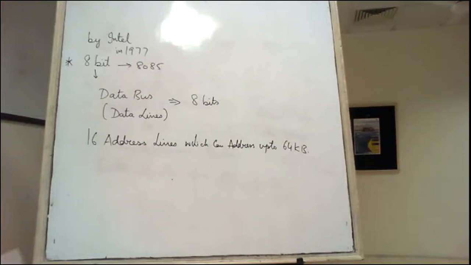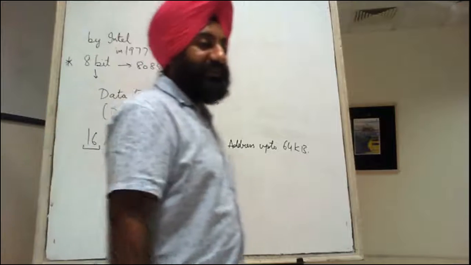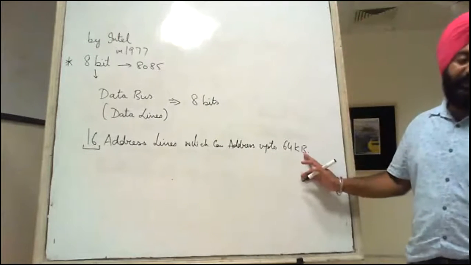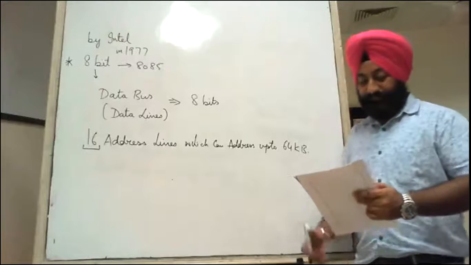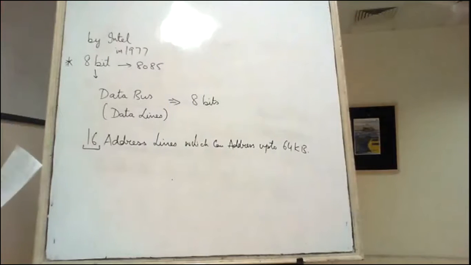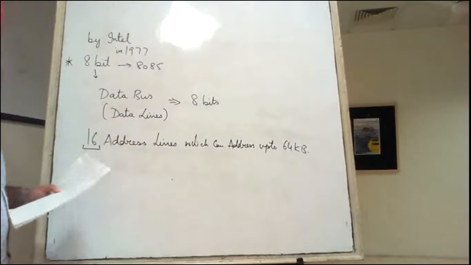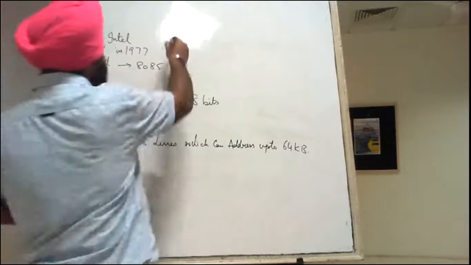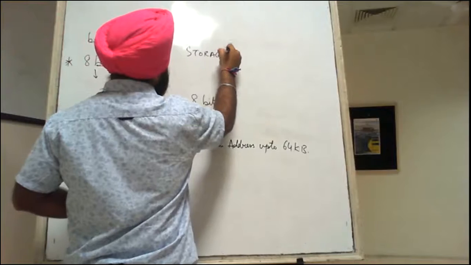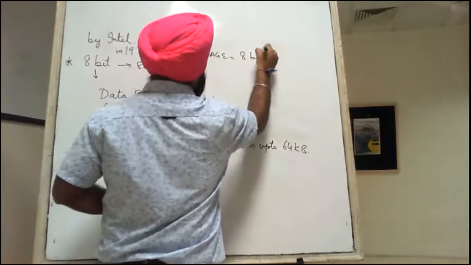That is, the size of the address bus is 16, which can address up to 64 kilobytes. The memory cell, that is storage, is of 8 bits.